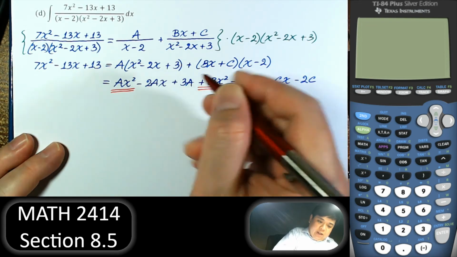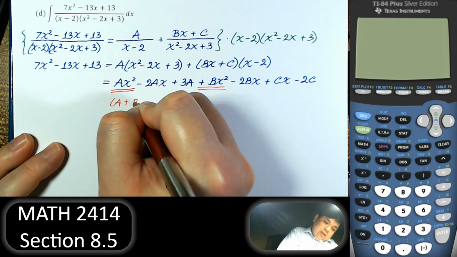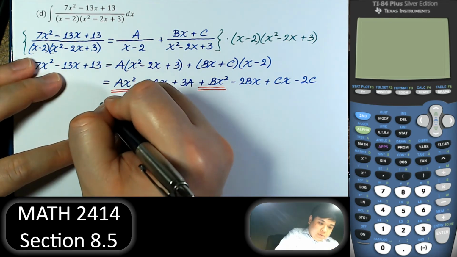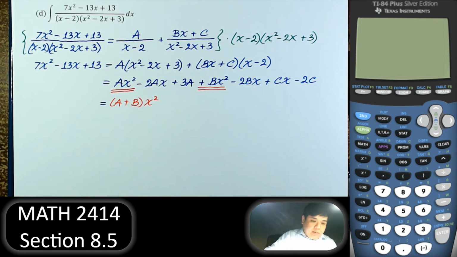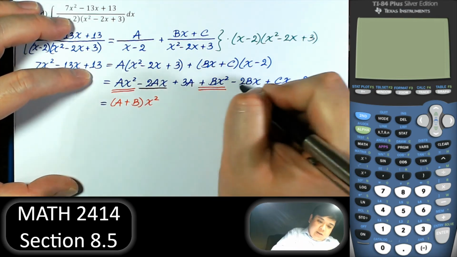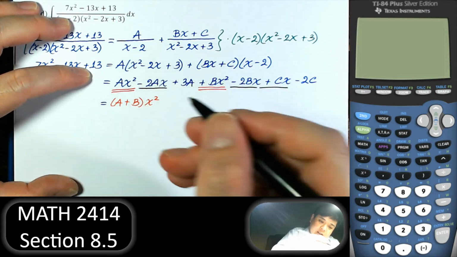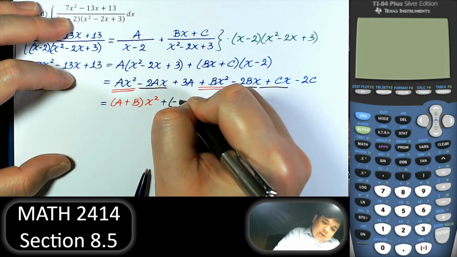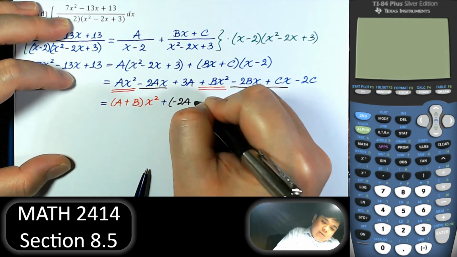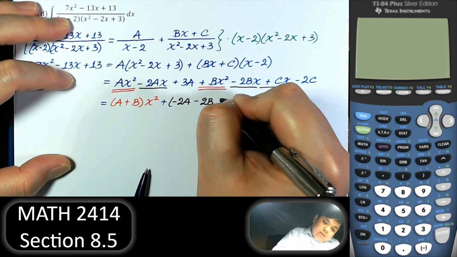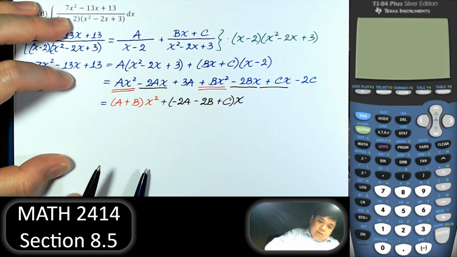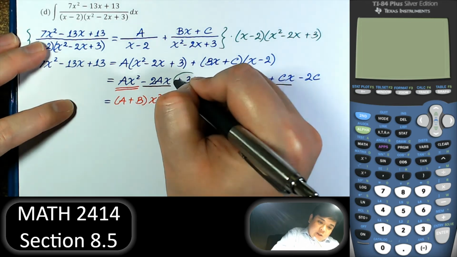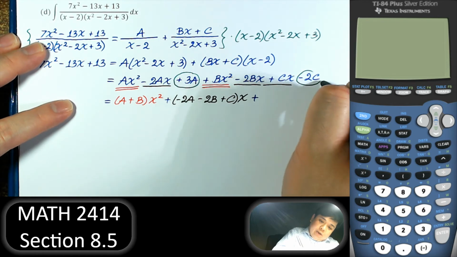Those are x squared and these are x, and then for the constant 3a negative 2c.